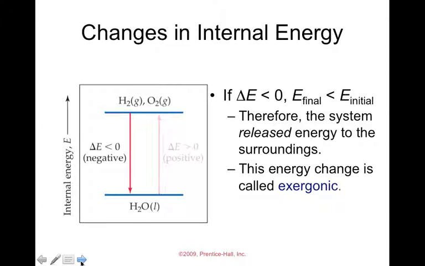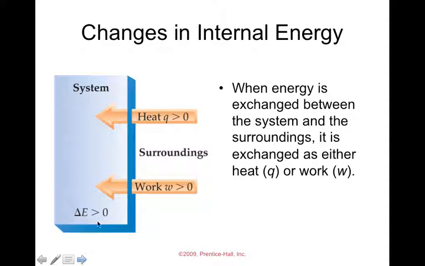Okay. Now, back to when we were talking about heat and work. What's happening here is you're adding heat into the system, which means that the surroundings are actually doing work on your system, and your change in energy is greater than 0.